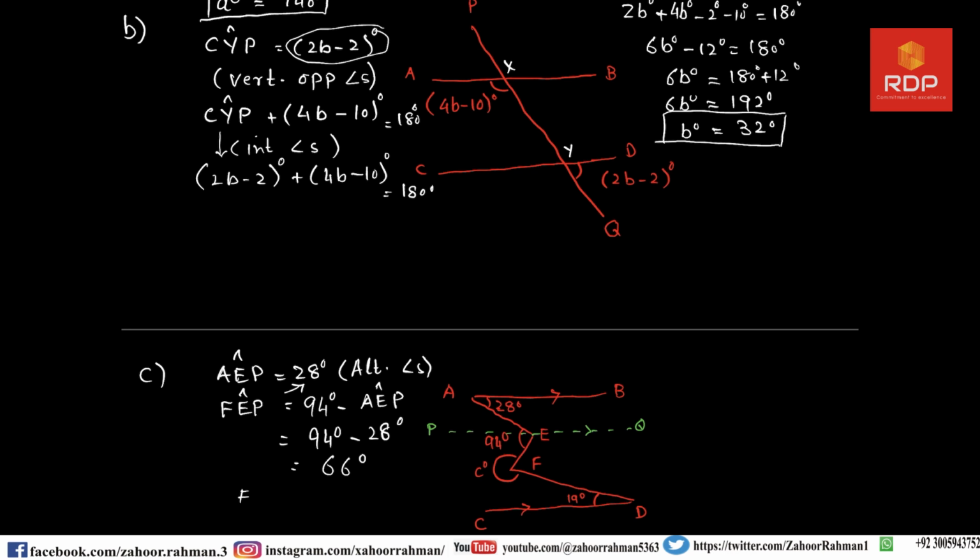EFS is equal to FEP. EFS, E, F and S, because we are first dividing this area also into two portions by drawing a parallel line RS.